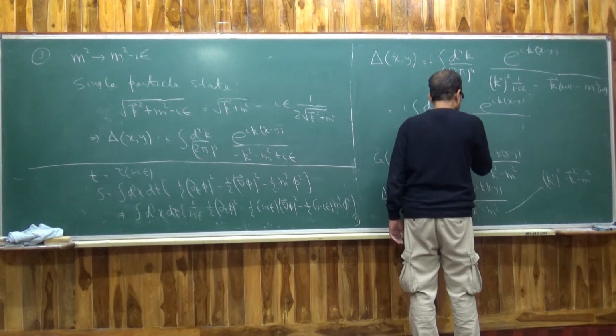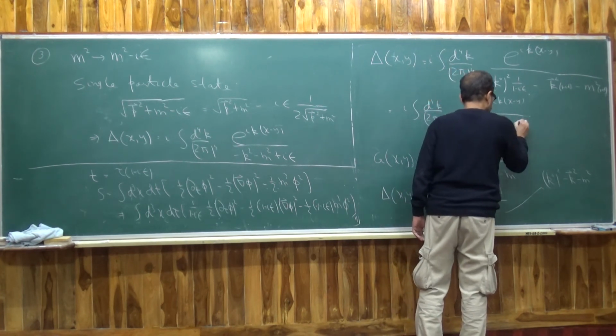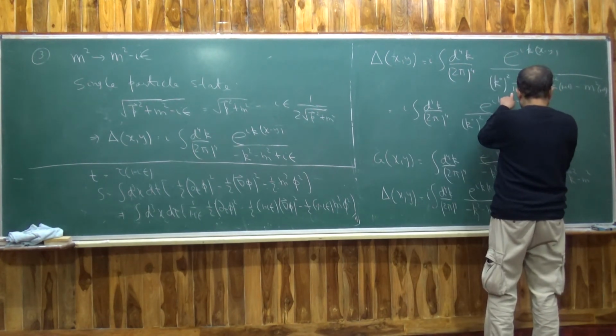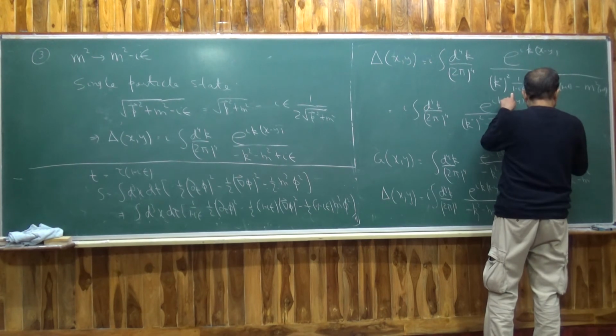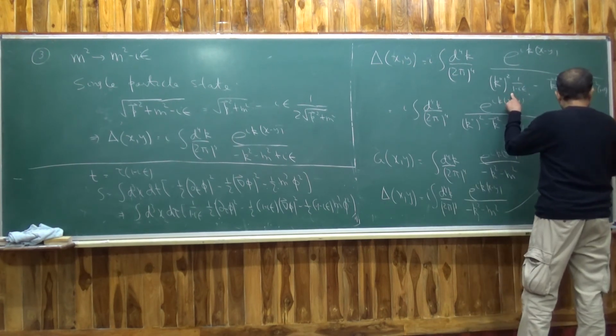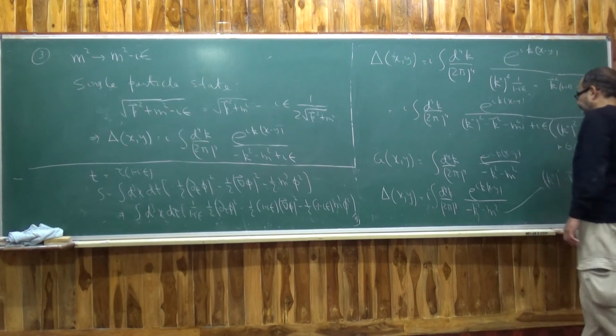So k0 square minus k square minus m square, and then this I can write as plus I epsilon times k0 square plus k square plus m square, plus order epsilon square, which you don't care about.